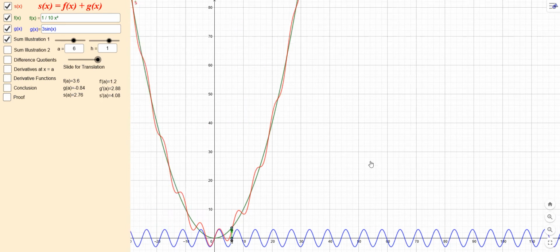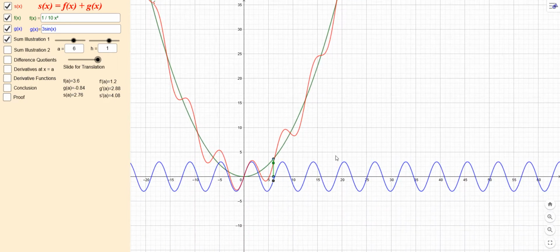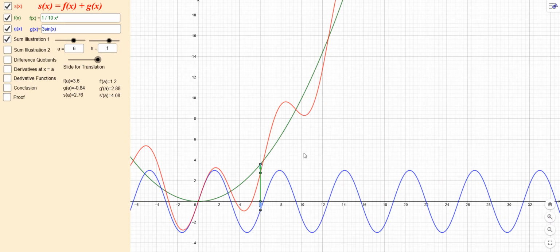So that's a good example of what happens when you're talking about these kind of sum functions, sums of two functions. Okay, so let me turn off that sum illustration, but leave these functions here.